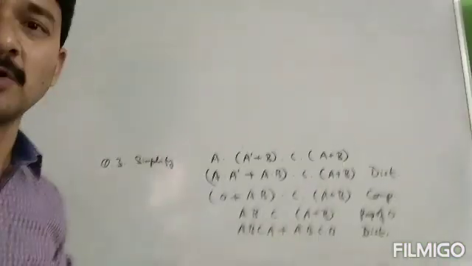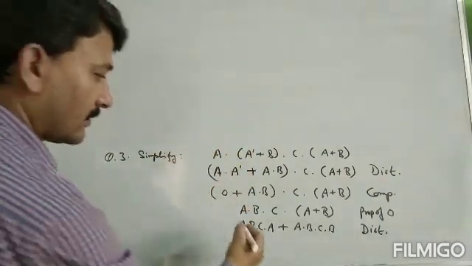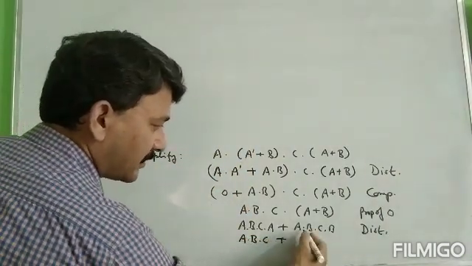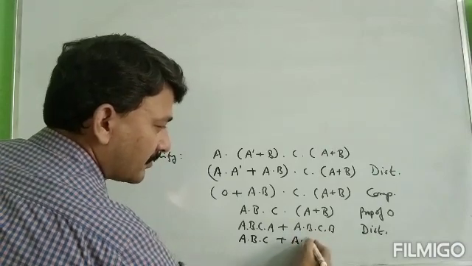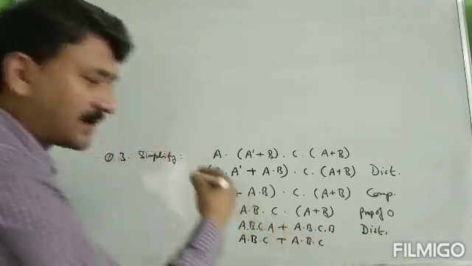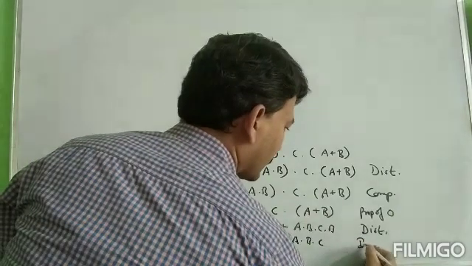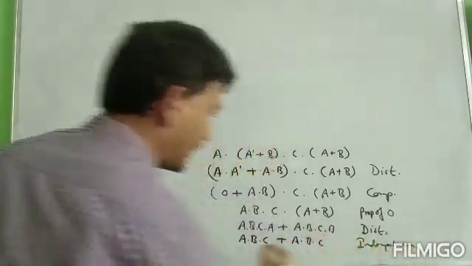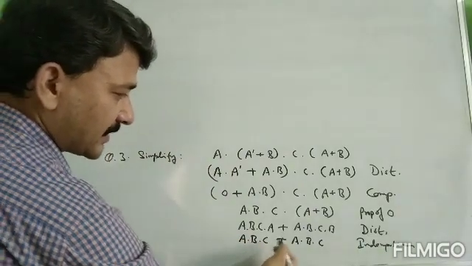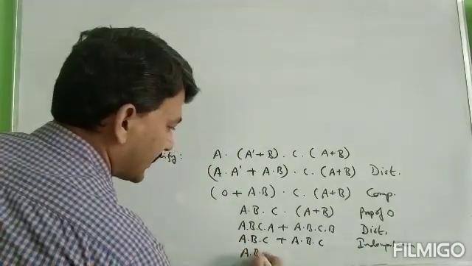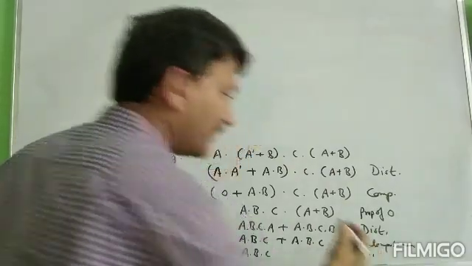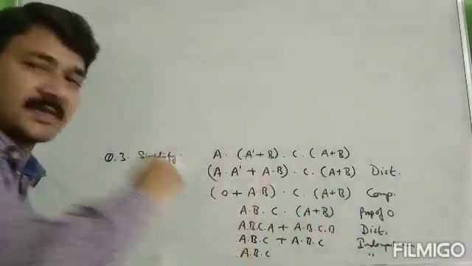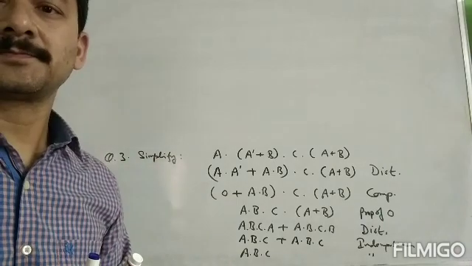You can see here, A and A will remain A, idempotent law, A, B, C. Here you have B and B, we write it once, idempotent law. A, B, C or A, B, C is A, B, C. It's again idempotent law. So the simplified form of this expression is A, B, C.